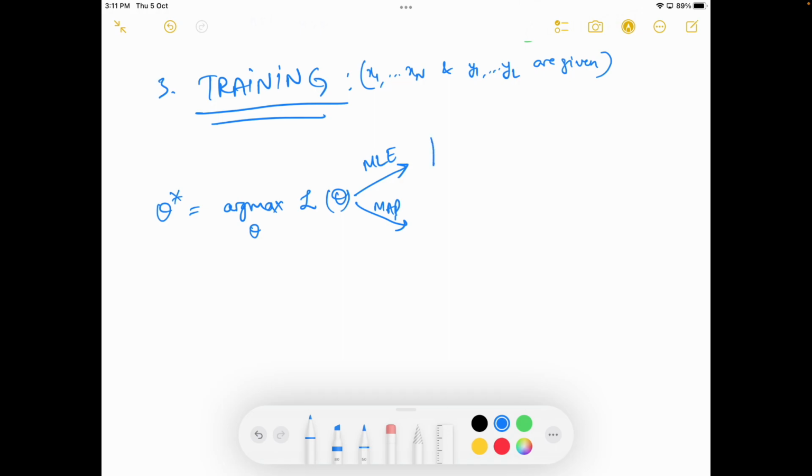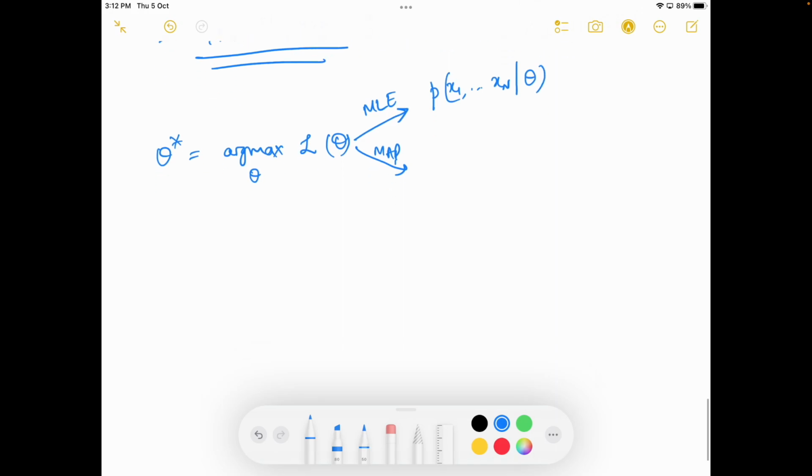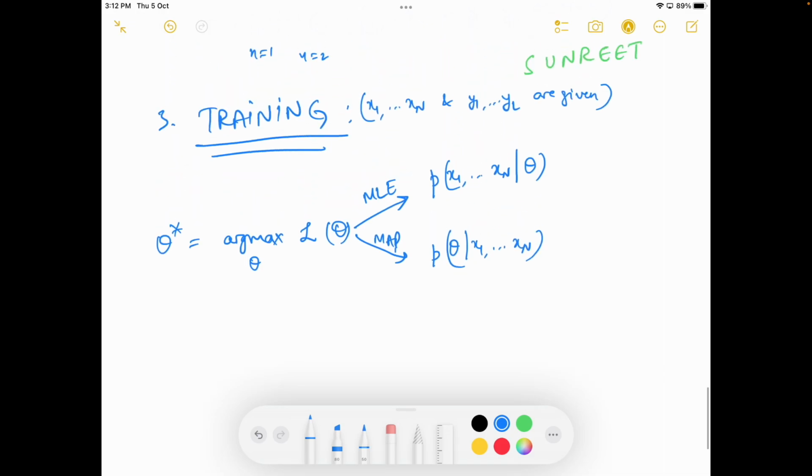So this is the probability of x1 up to xn given theta. And for MAP, it is the probability of what we want to find given everything else. This is MAP. We don't know Z, but we will see how we incorporate Z into the equations. So this is MLE and MAP. Simple, right?